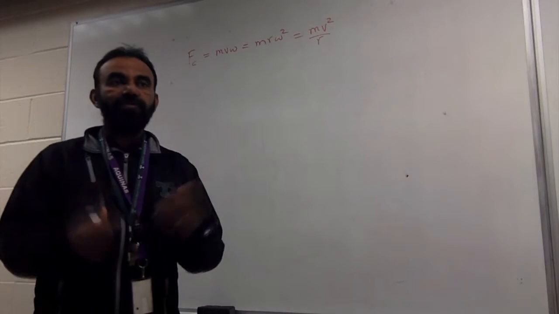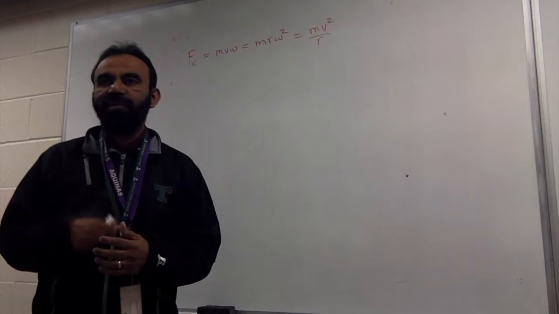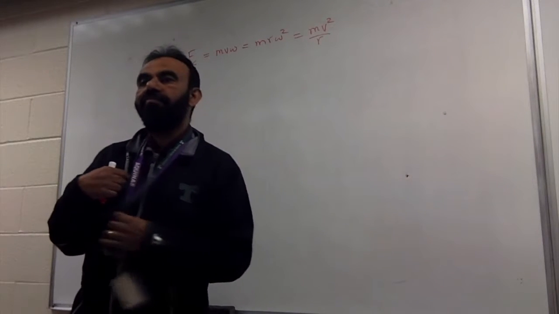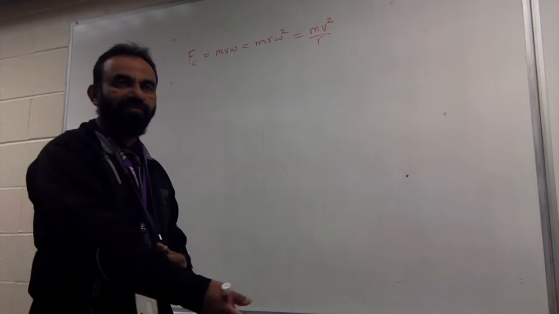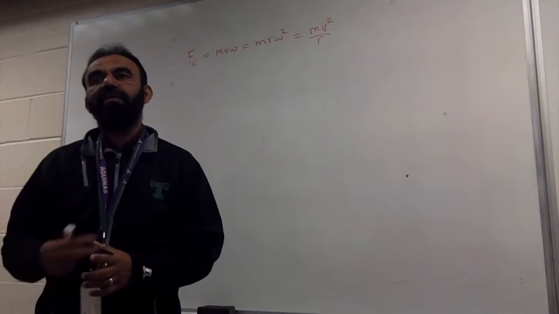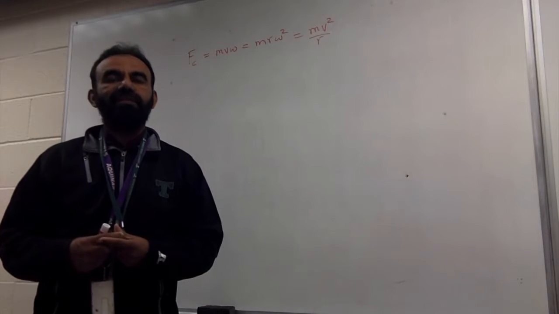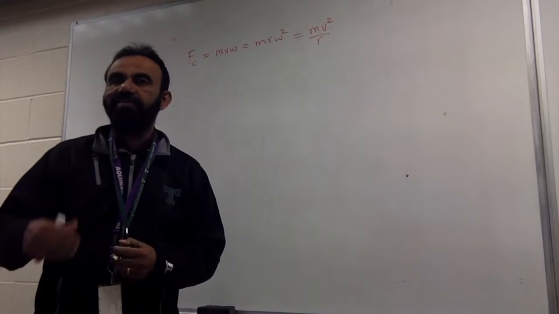Myself cannot apply a force on me. The ground, the road, the floor is applying that force on me in the form of friction. The force is offered by the floor or the road on me, and that is frictional force.